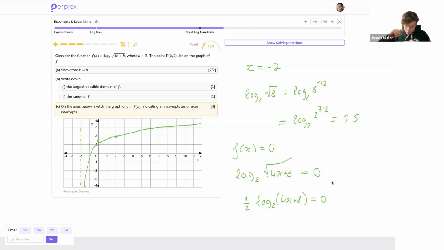The half makes no difference. The half is not 0, so that has to be the log that's 0. So log base 2 of 4x plus 8 is equal to log base 2 of 1, right? Because log base 2 of 1 is 0. So 4x plus 8 is equal to 1, which means that 4x is equal to negative 7. That gives x is equal to negative 7 over 4.